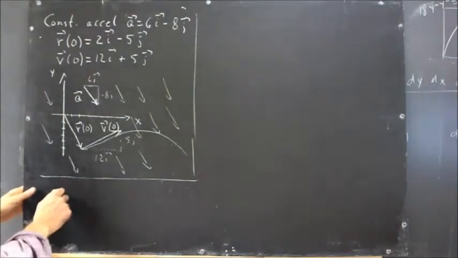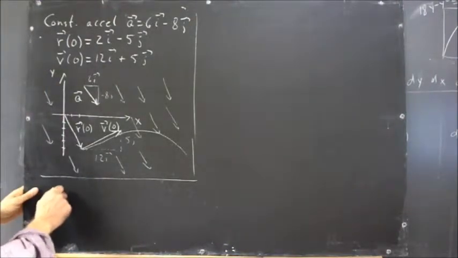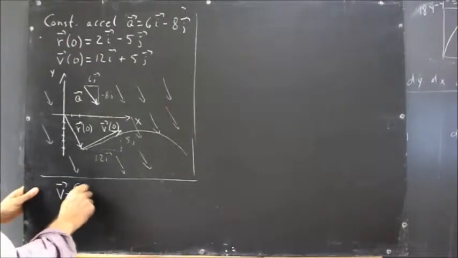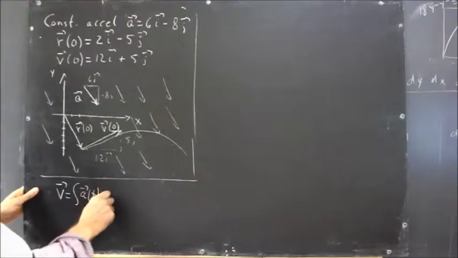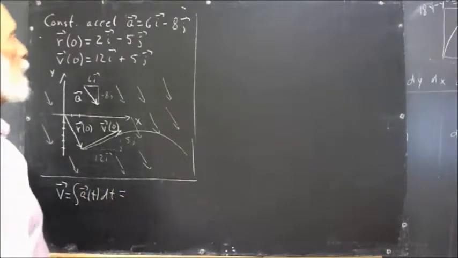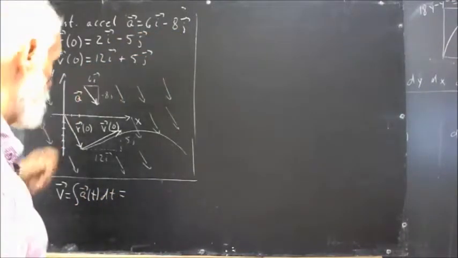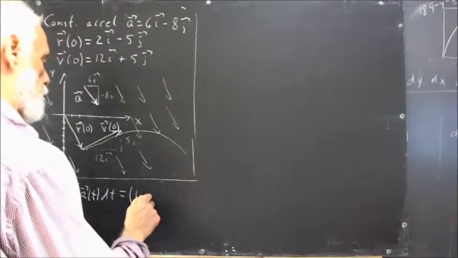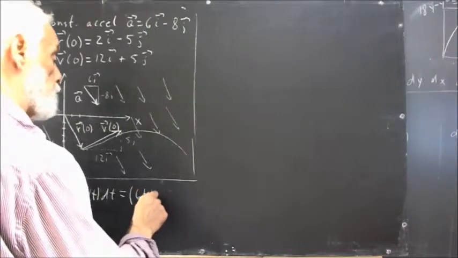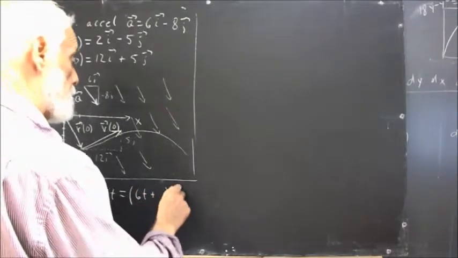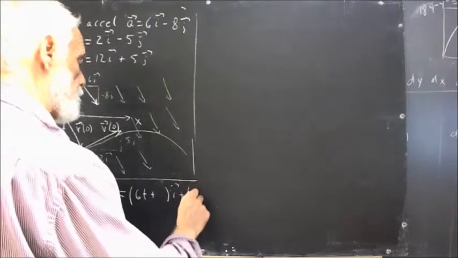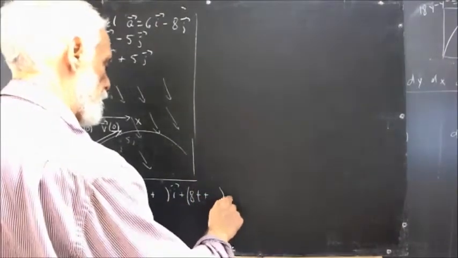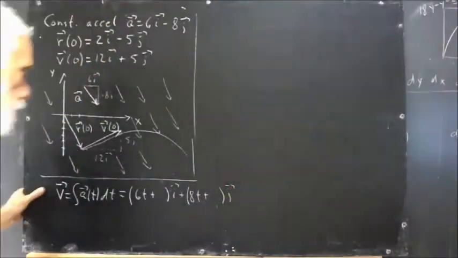Well, v is going to be the integral of a of t dt. And it's clear that if we integrate 6i minus 8j, we get 6t plus a constant times i plus negative 8t plus another constant times j.